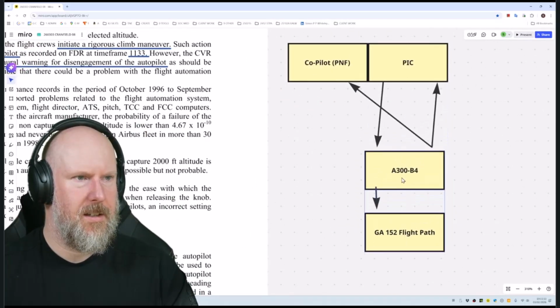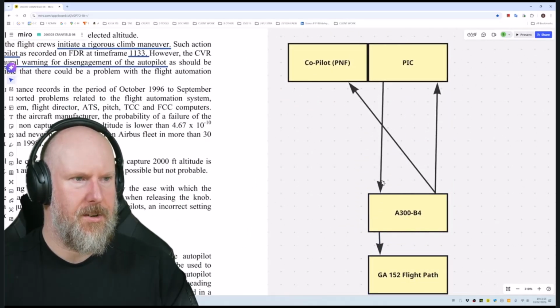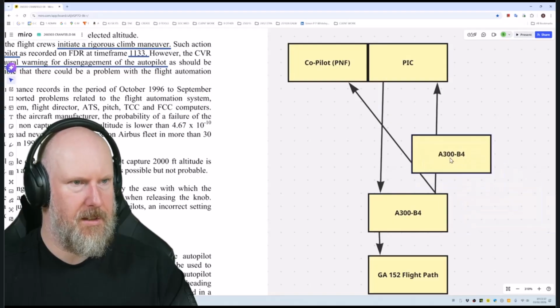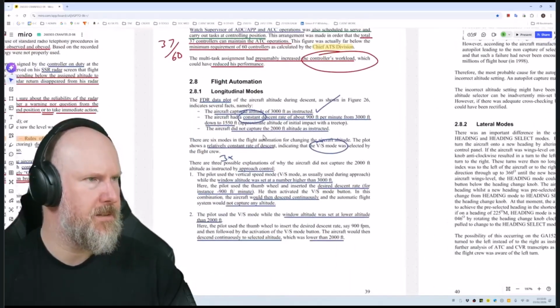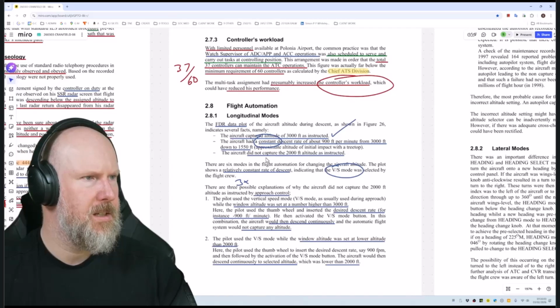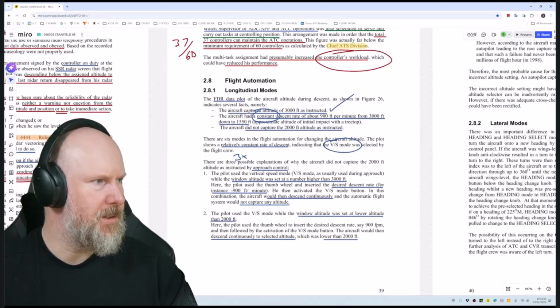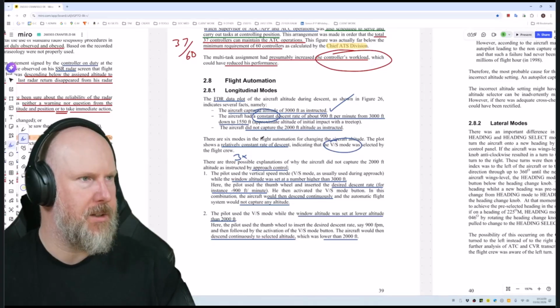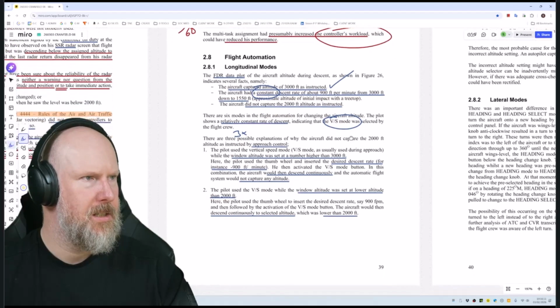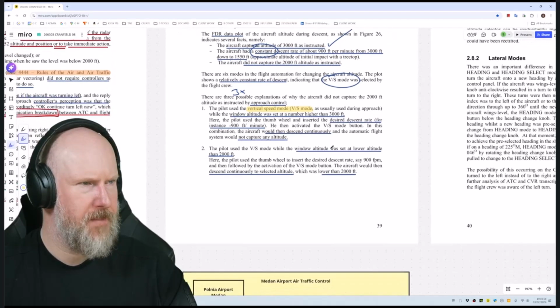And that aircraft there is a, what do they call it? Flight automation is one way to describe it. So we've got flight automation there. We've got vertical speed mode is a type of mode.